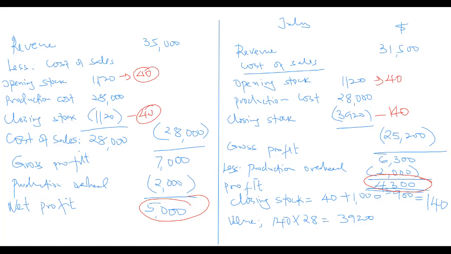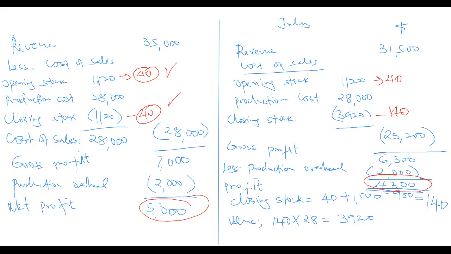Is that clear? Because you'll be asked a question. What instances will cause the profit reported at marginal and absorption costing to be different? If the closing stock and the opening stock are different in terms of the numbers. Here it was 40 and 40, then the profit on both sides, marginal and absorption, is the same.